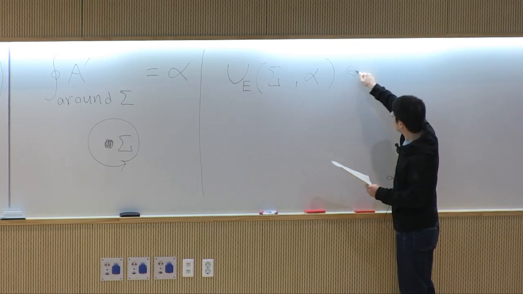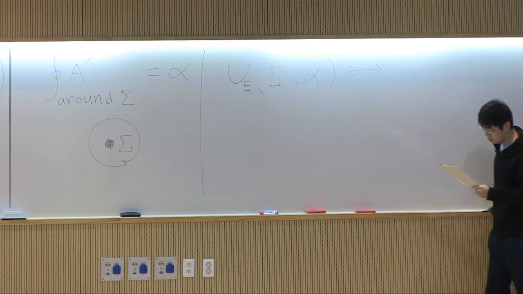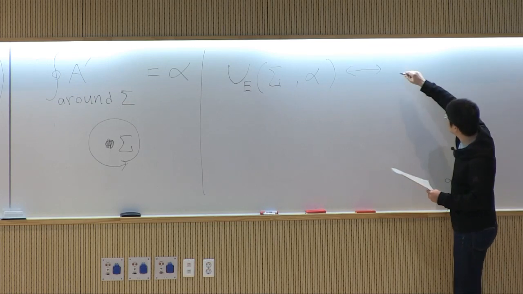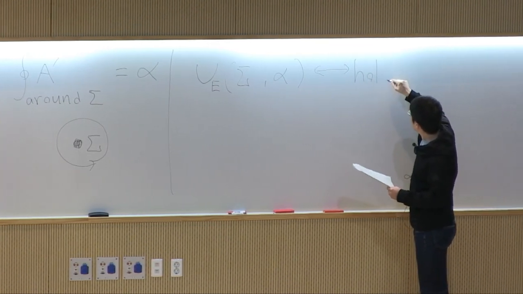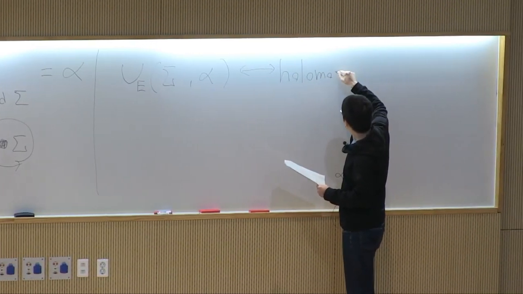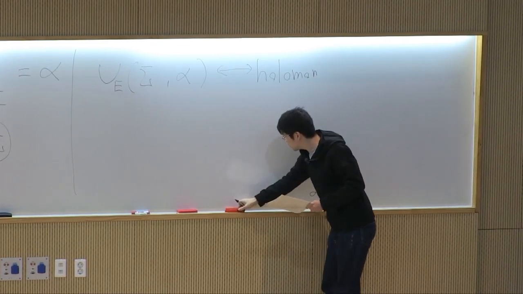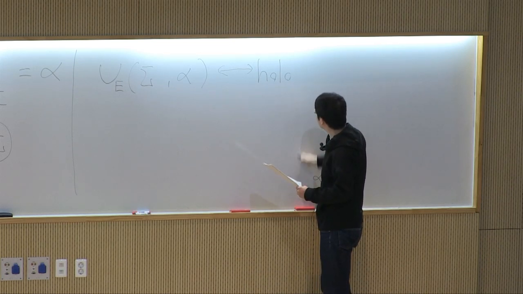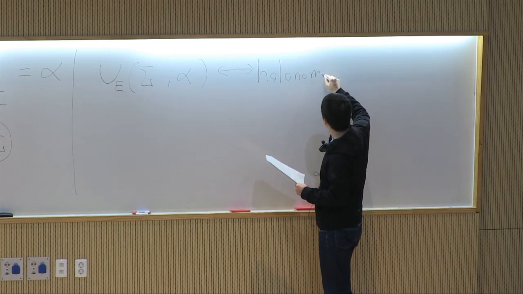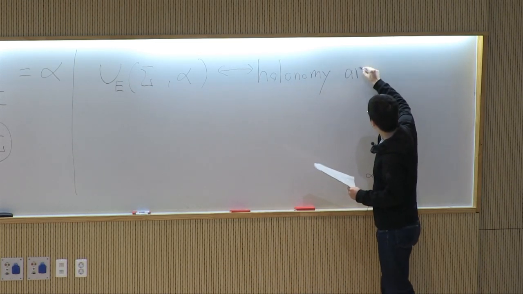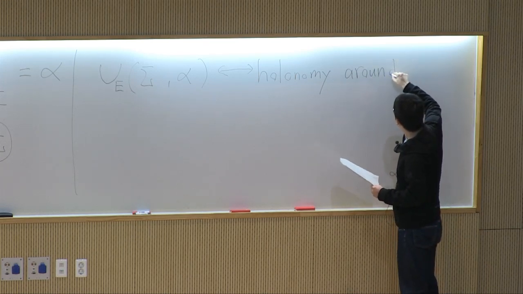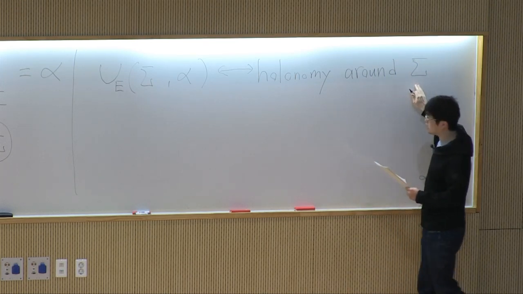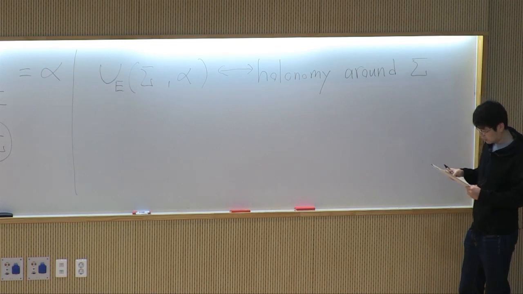So insertion of this electric one-form symmetry operator corresponds to holonomy around this two-dimensional surface sigma.